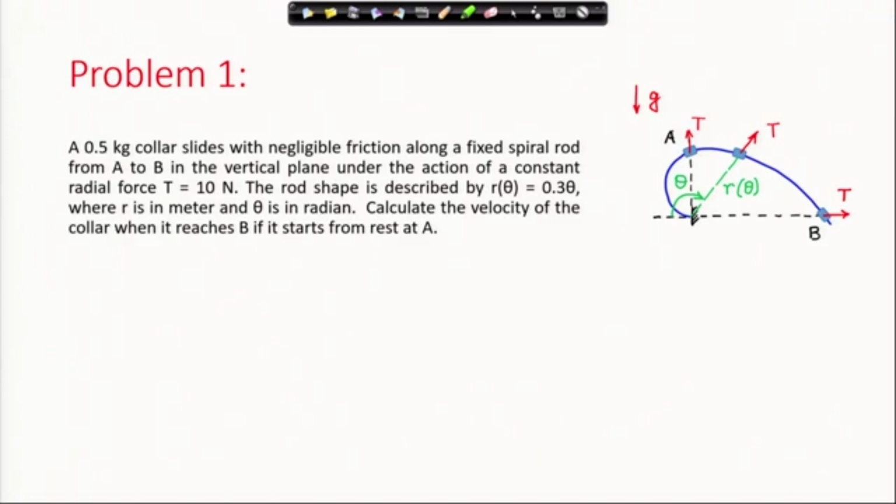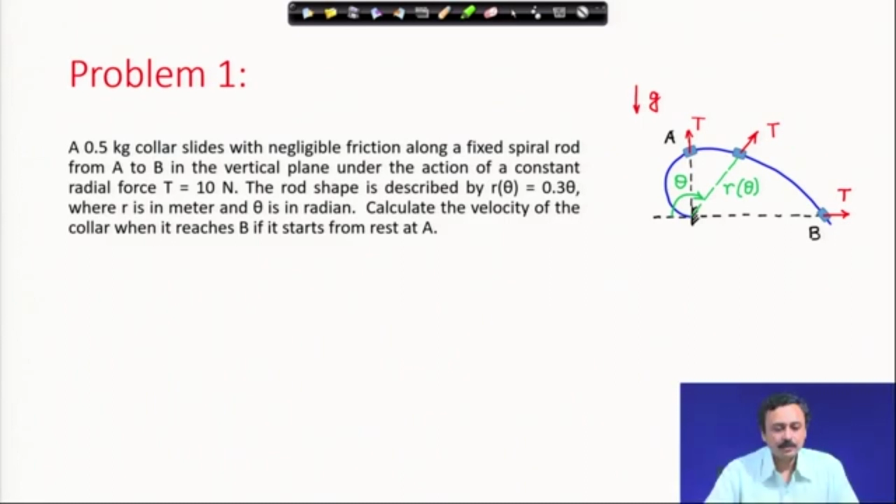Let us look at this example of a collar moving on a spiral rod. The problem statement says a 0.5 kg collar slides with negligible friction along a fixed spiral rod from A to B. A is this point which is vertically above the starting of this spiral. In the vertical plane, this whole rod is in the vertical plane under the action of a constant radial force T equal to 10 Newton.